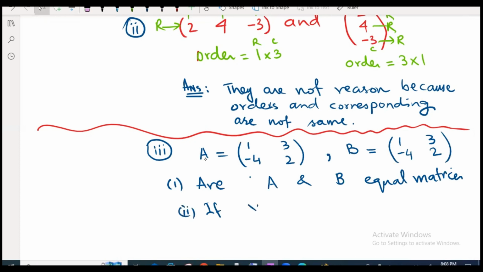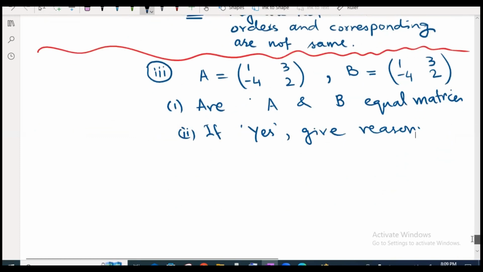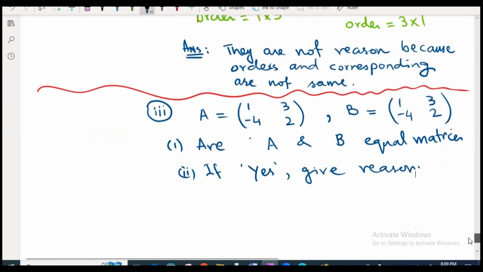If A and B are equal, give reason. So, are they equal? Have you copied it, the one above? Yes, I have copied it.